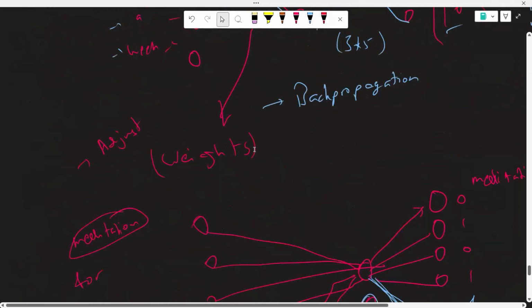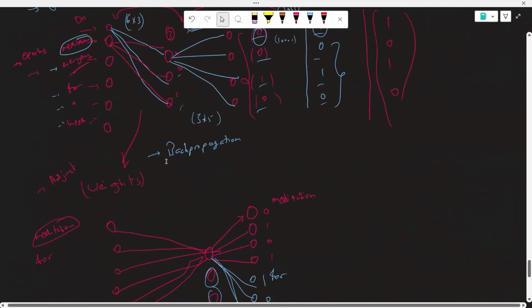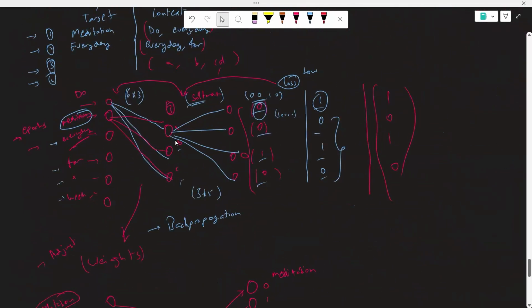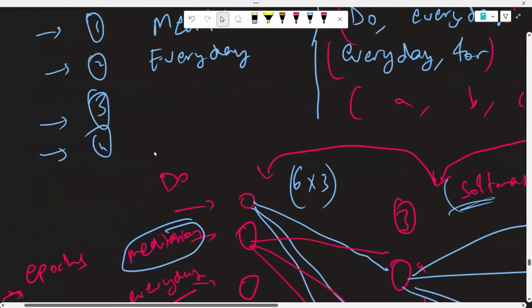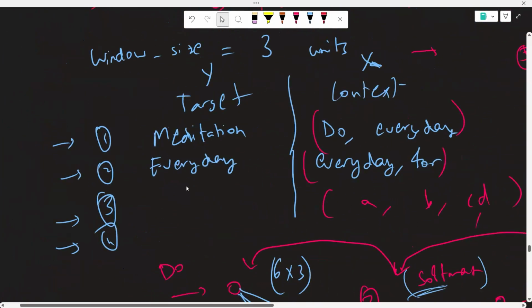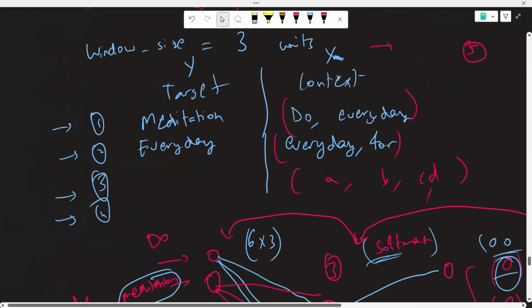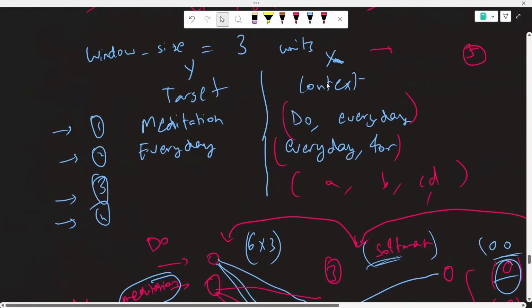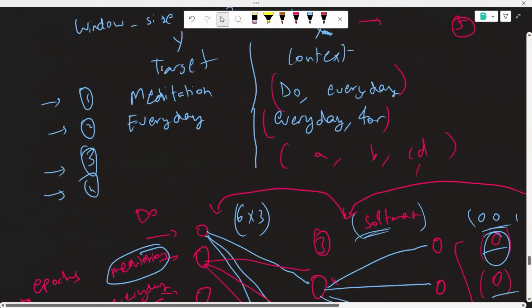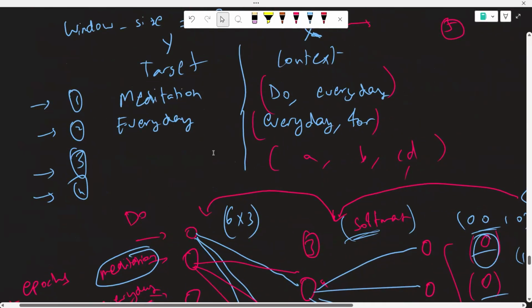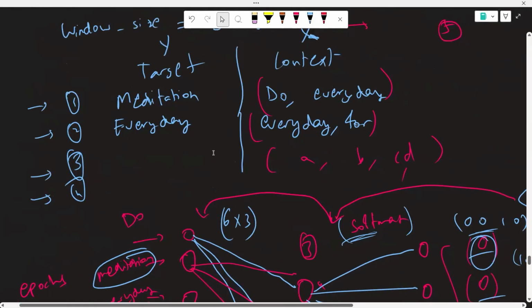The only difference is in continuous bag of words, you are passing as input the words for which you want the representation. Since we created this by taking different contexts, you'll pass the context words and you will get the target word as the output.